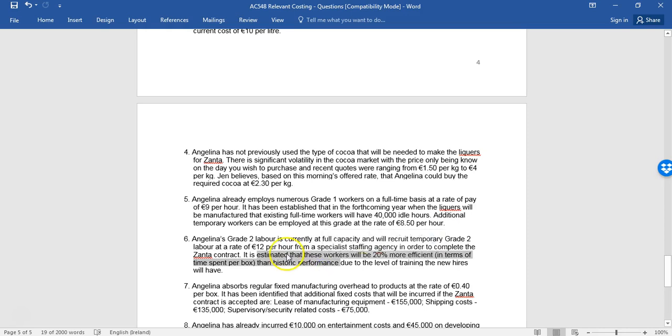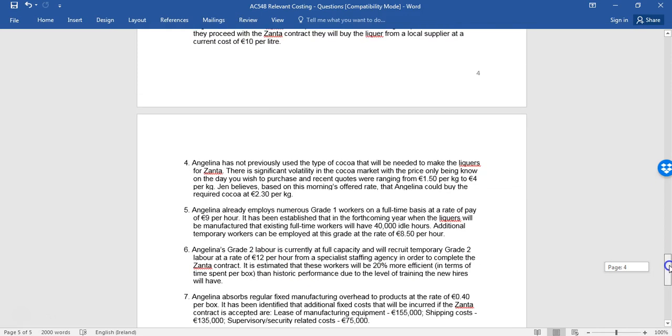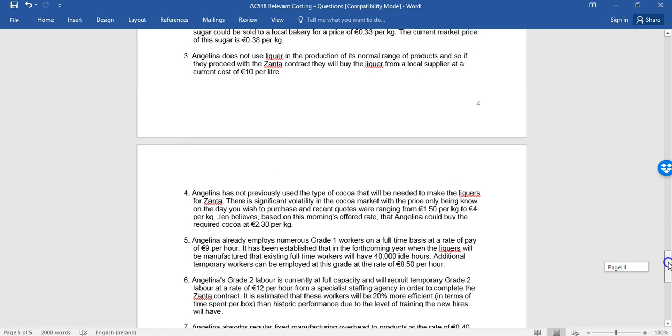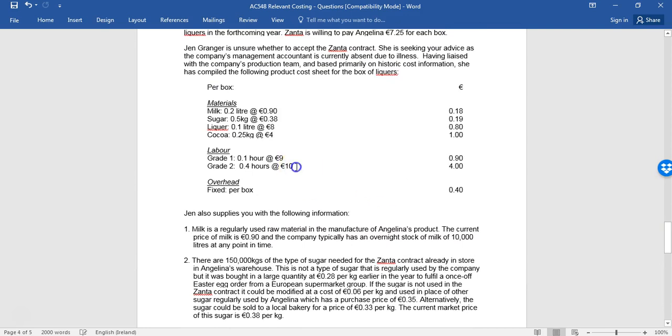Right, so this is tricky, so watch out for this. In terms of grade 2 labour, they're at full capacity, so there are no idle hours there, so we're going to have to hire everyone in. But we're going to be hiring them in at €12 an hour, even though current grade 2 are only paid €10 an hour. So it's small things like that that I'm hoping students pick up on in terms of non-financial factors that could lead to conflict.